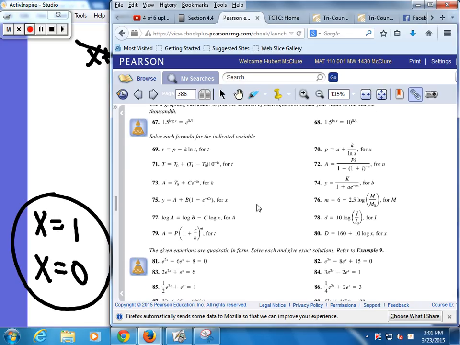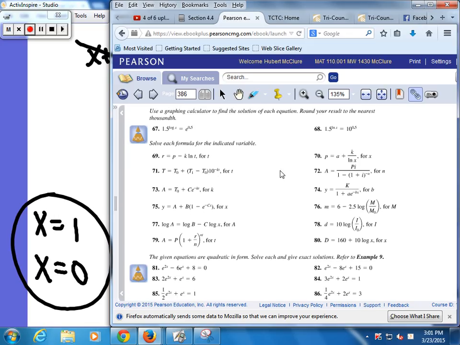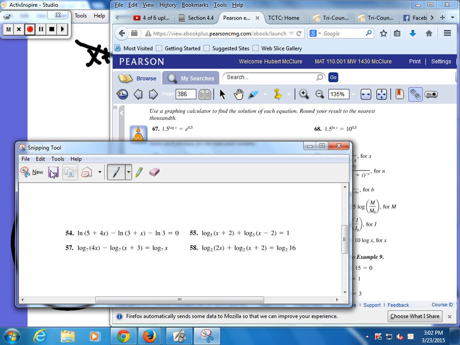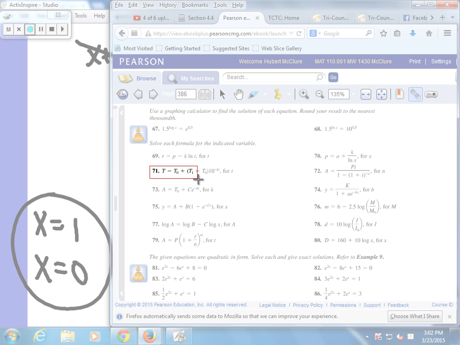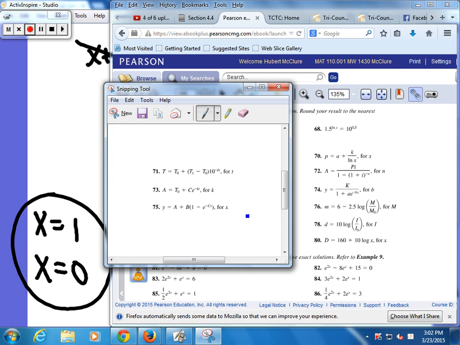Let's solve a couple of these formulas right quick. These are just solving formulas. So let's do 71 and 75. Now this is just algebra and logarithms.